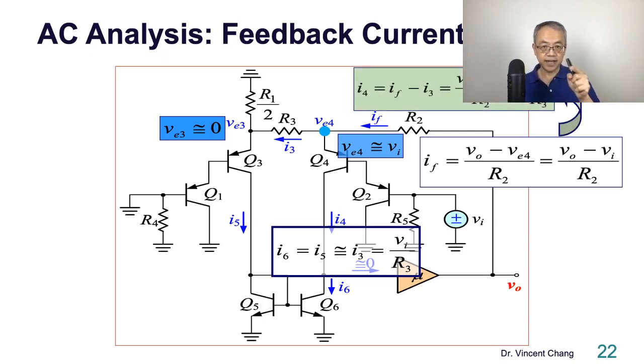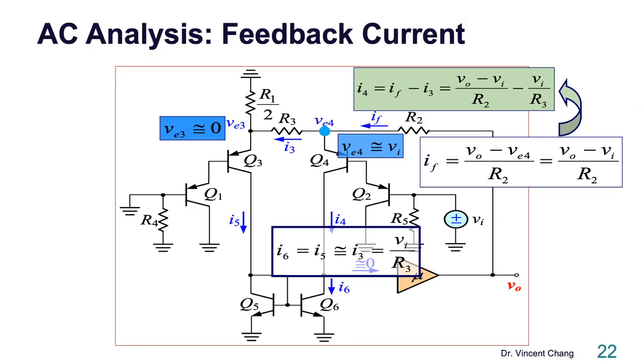Based on KCL, I4 is IF minus I3. So we're almost done. We got IF, I3, the first thing we got when we analyzed the differential. So IF, I3, and try to link I4. I4 is almost equal to I6. I6 is I3.